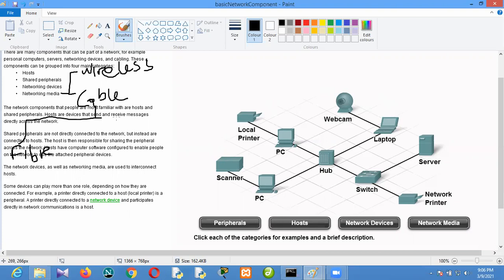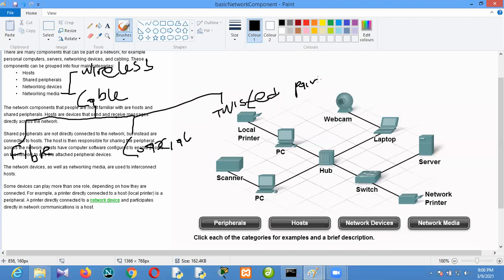We have coaxial cables. And we have twisted pair. We call it TP. So these are three different cablings that we use in networking.